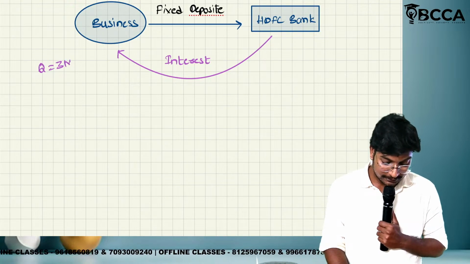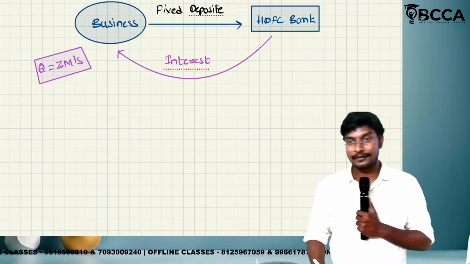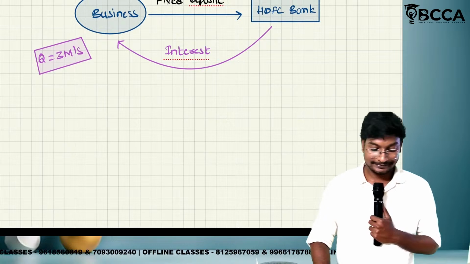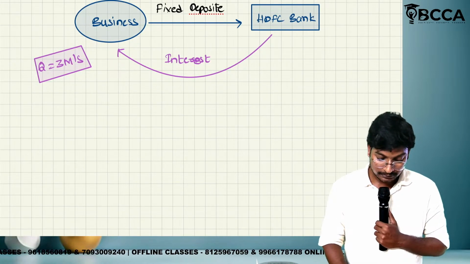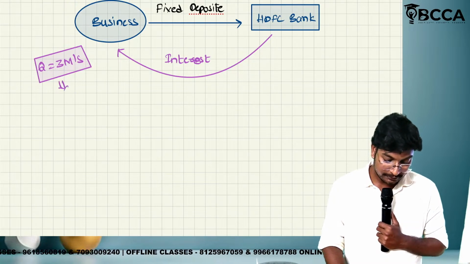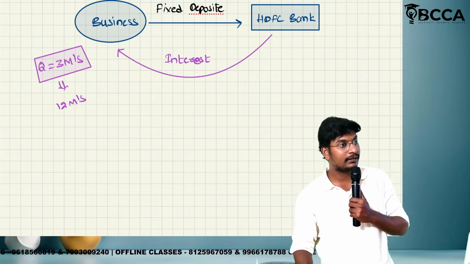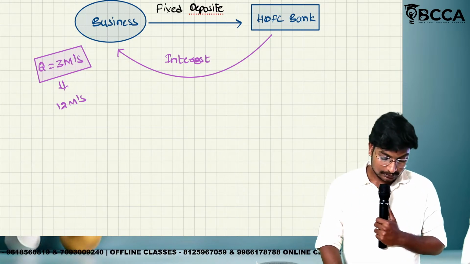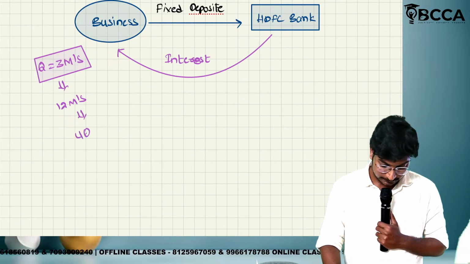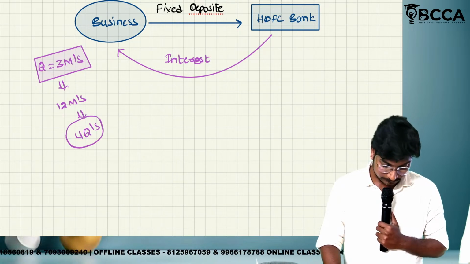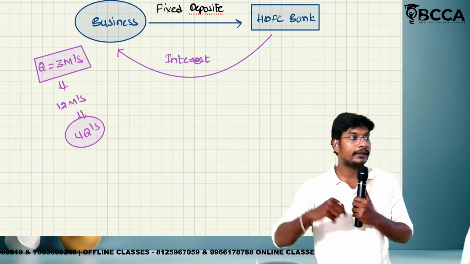A year has 12 months, so 12 months divided by 3 months means 4 quarters in a year. First quarter interest will be received in the second quarter.